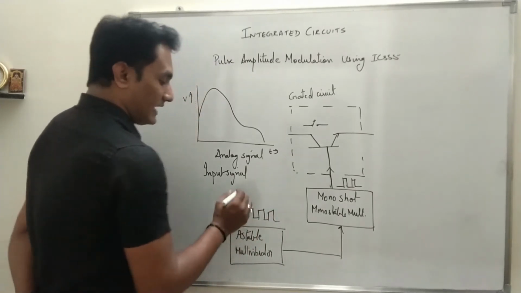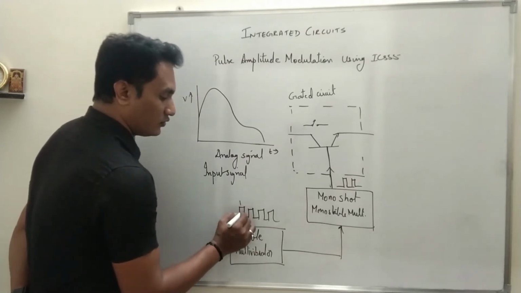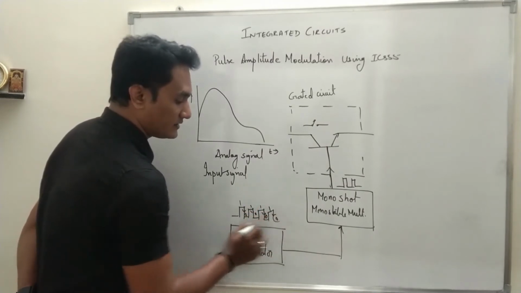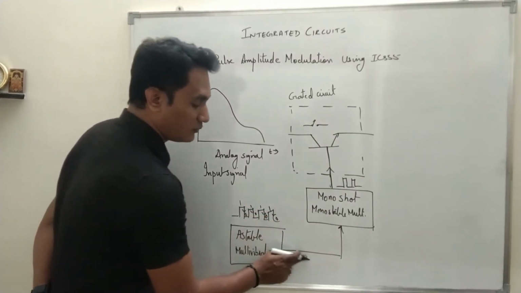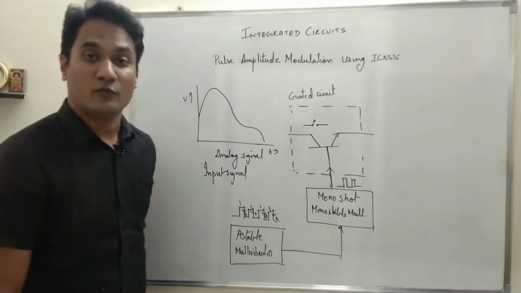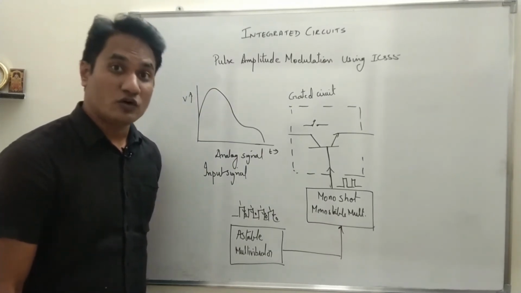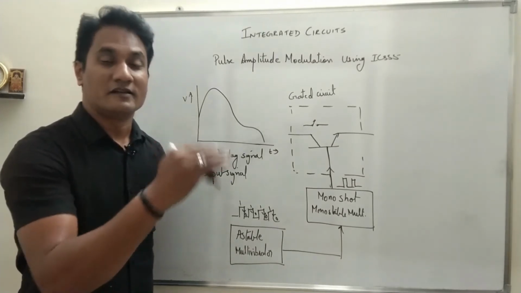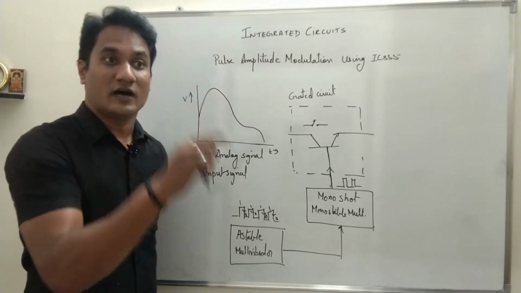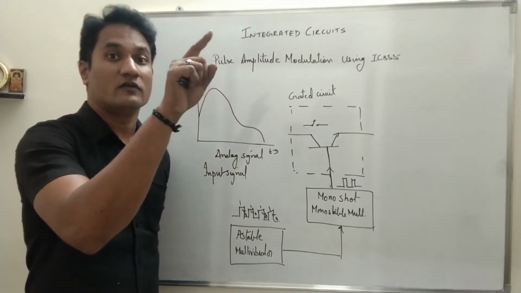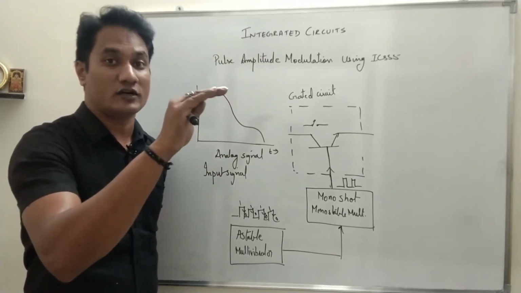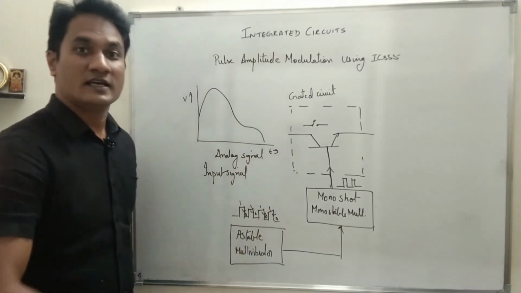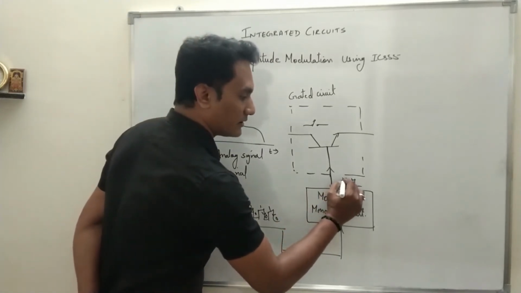Every time the astable output goes from 1 to 0, this output will be given to pin number 2 of the monostable. And whenever pin number 2 of a monostable multivibrator is grounded momentarily, what happens? It triggers the output, the capacitor starts charging, the output becomes 1, and it stays 1 for how long? Till the capacitor voltage becomes greater than 2/3 of VCC, and then it will come back to its initial position. So that is how the trigger pulse will be generated.